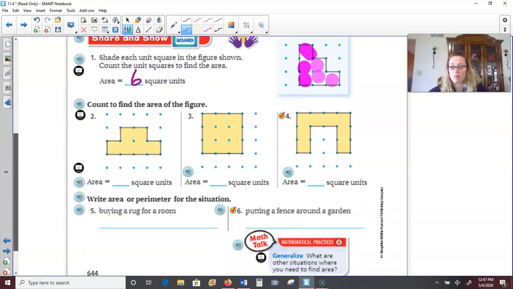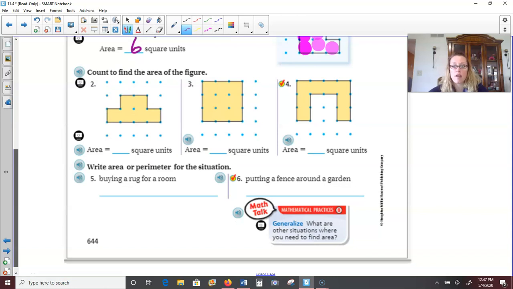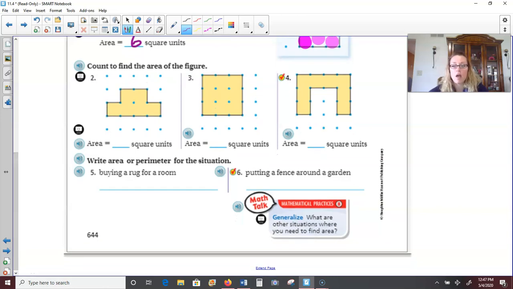All right, moving on down here, count to find the area of the figure. Again, area is the space inside, so we need to count up all the squares. 1, 2, 3, 4, 5, and 6. 6 square units. Number 3, 1, 2, 3, 4, 5, 6, 7, 8, 9 square units.